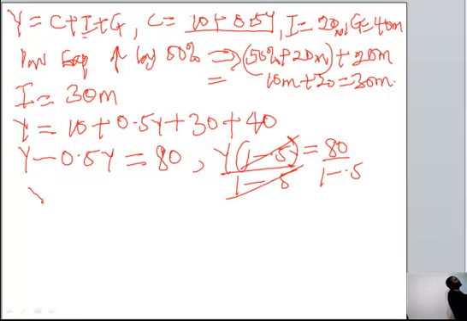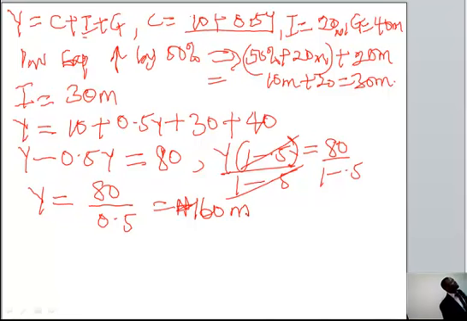We have Y equals 80 over 0.5, which is 160 million. You can see that our income has increased from the previous 140 million that we got to 160 million as a result of the multiplier effect.